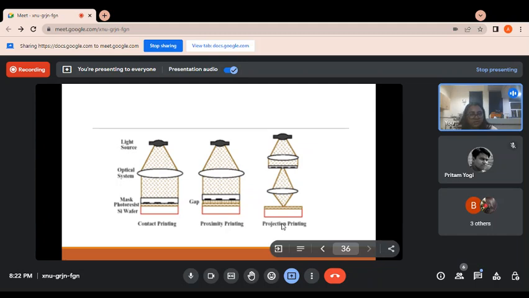But what happens in projection printing? At first there is the light source, then the optical system, then the mask. The mask is at the upper portion.